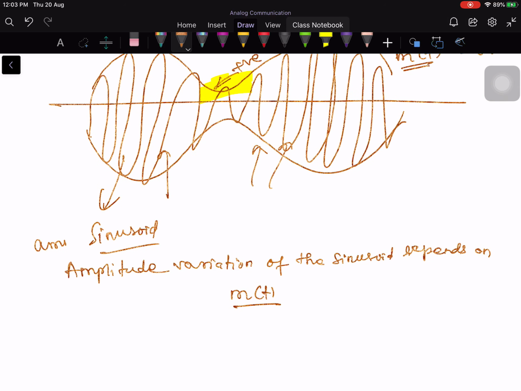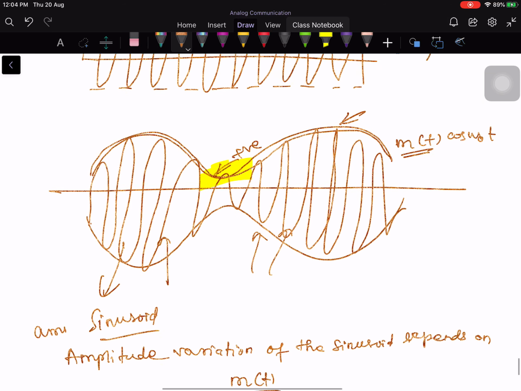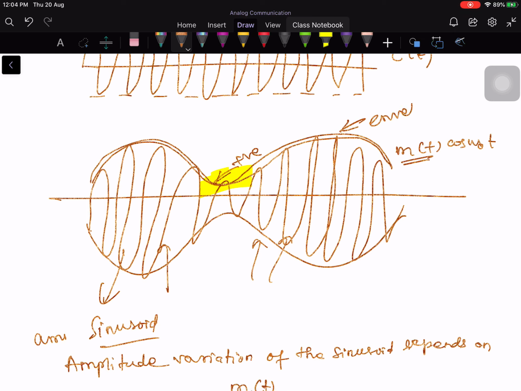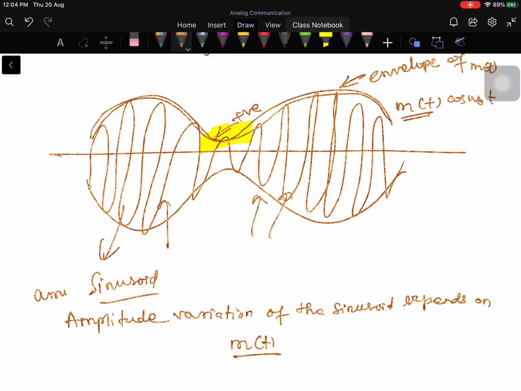So this is the magnitude of m of t. Sometimes people call it the envelope of m of t. So basically this is called a trace of the signal.